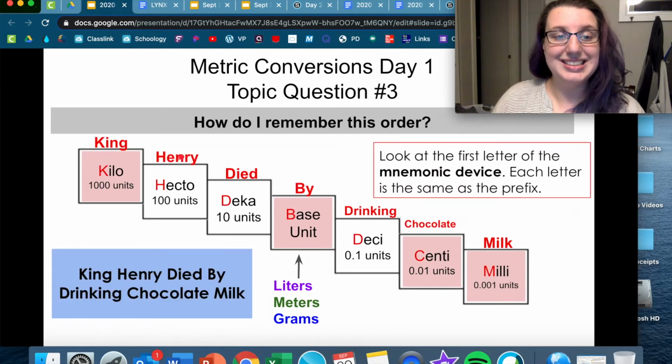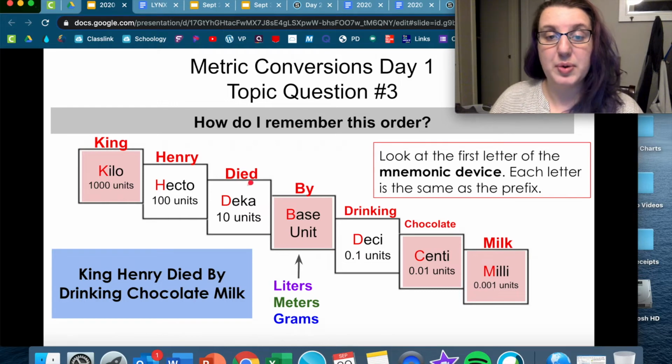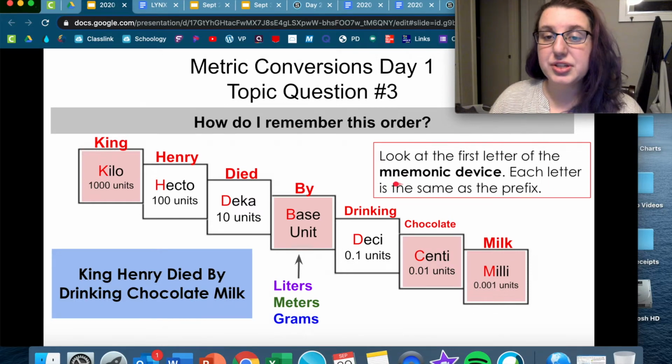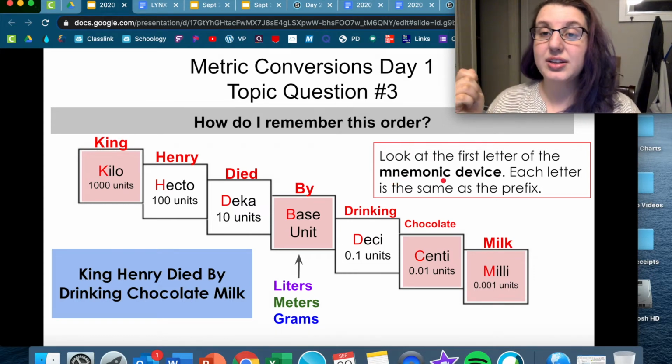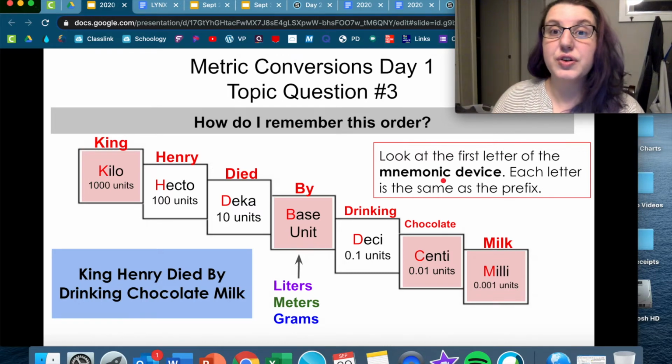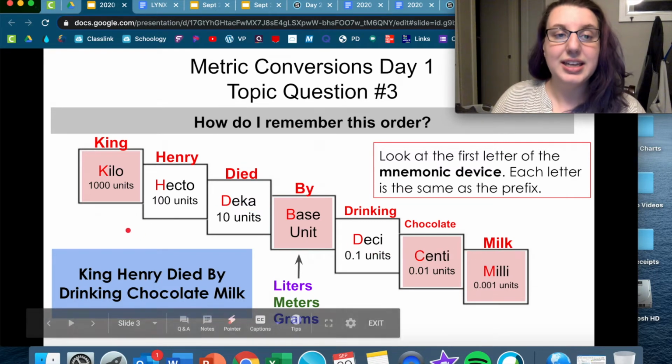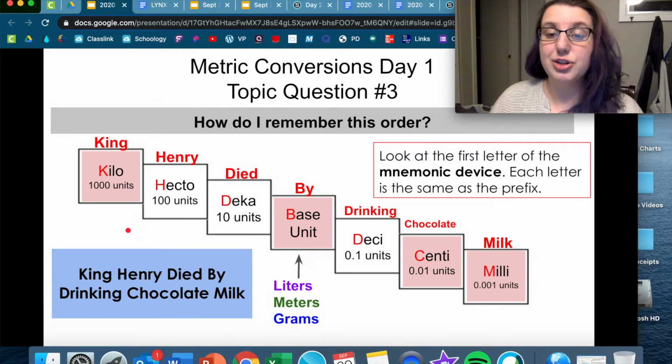We have a handy-dandy mnemonic device to help us remember what each prefix is and what order it's in. Mnemonic starts with an M. I know it's a stupid spelling, and no, I don't know why it's spelled that way either. A mnemonic device is a phrase where the first letter of each word matches the first letter of the thing you're trying to remember. In this case, we have King Henry died by drinking chocolate milk.